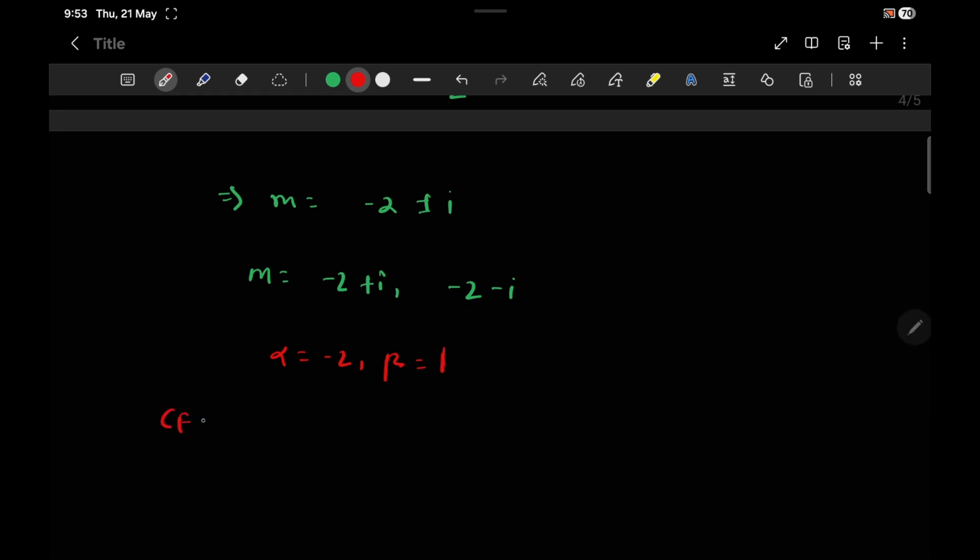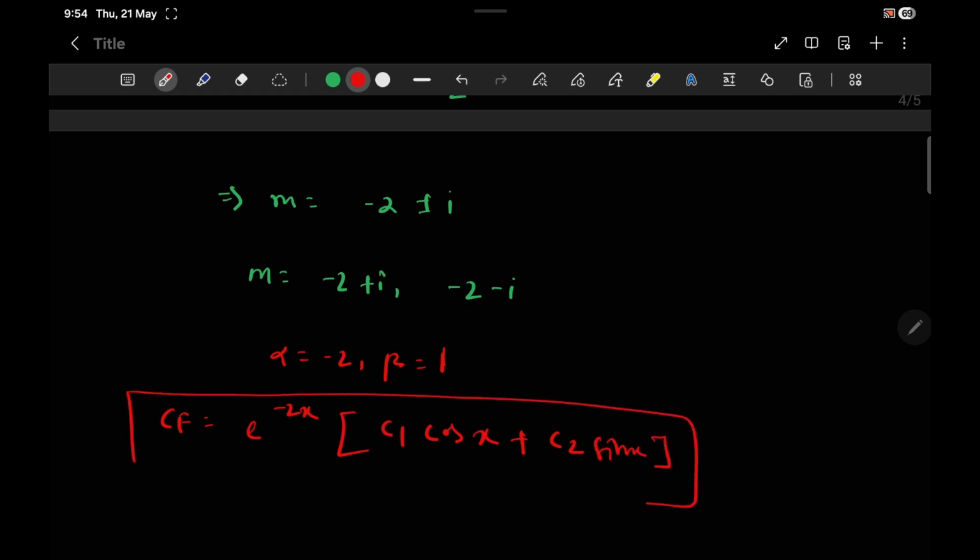So our complementary function will be e to the power minus 2x into c1 cos x plus c2 sin x. So this is our complementary function in the complex roots.